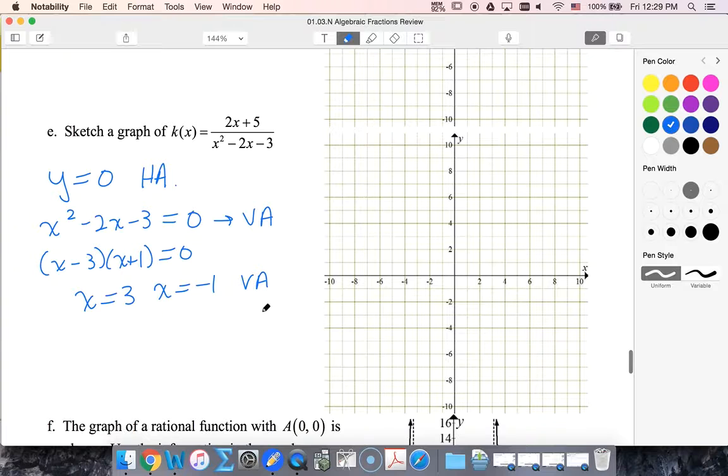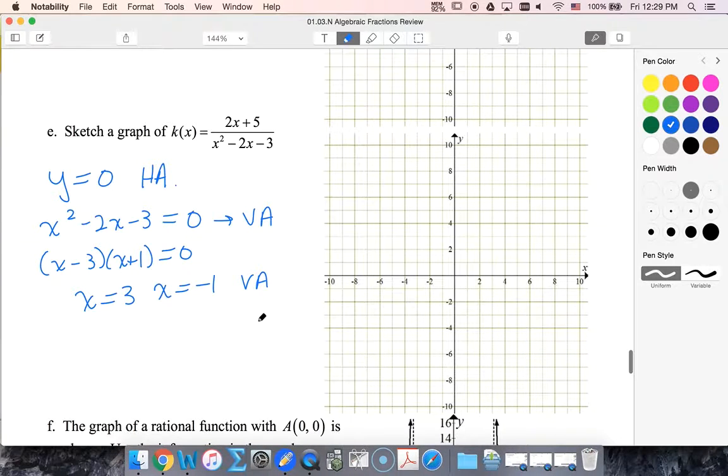I can also solve for my x and y intercepts. At x equals 0, my y value is going to be 5 over -3. When y is equal to 0, that's where I will have my x-intercepts. So at y equals 0, notice for y equals 0, it's the numerator that must be 0.